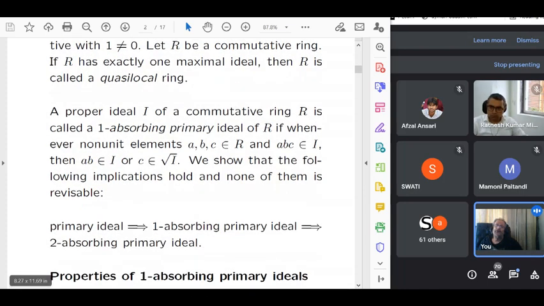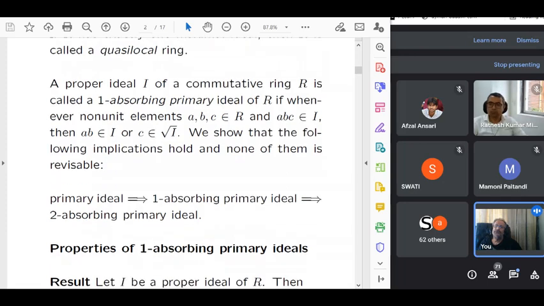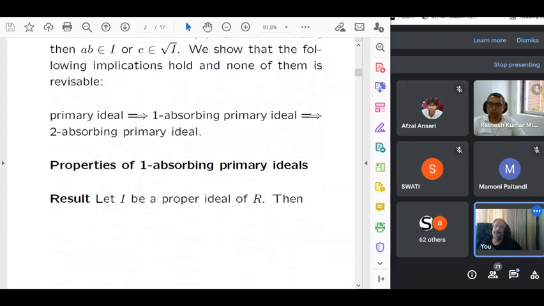Okay, so here is the picture. A primary ideal will definitely imply one absorbing primary, and it will imply two absorbing primary. Okay? You can pick up the definition of two absorbing primary. This concept was defined a long time ago.